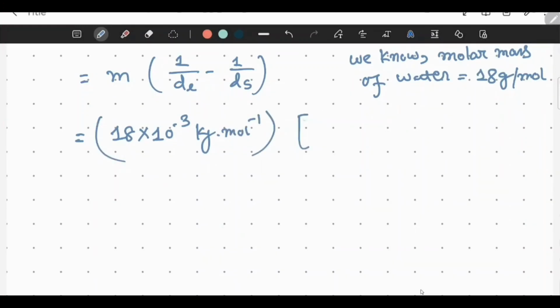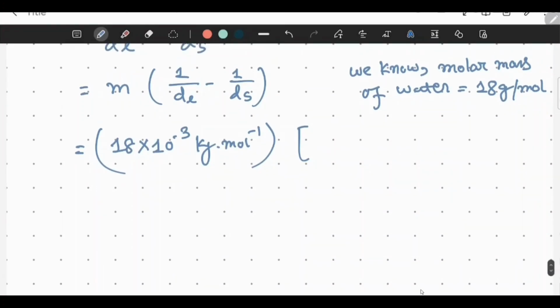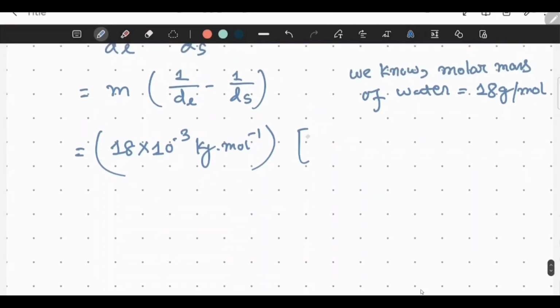And this value 1 by d_L, what is d_L? Density of liquid water is given as 0.9978 gram per cc.